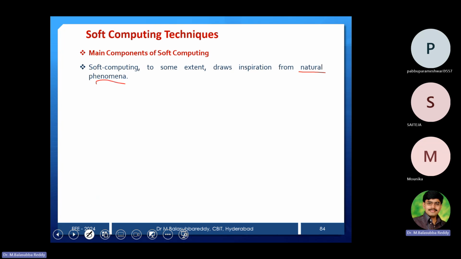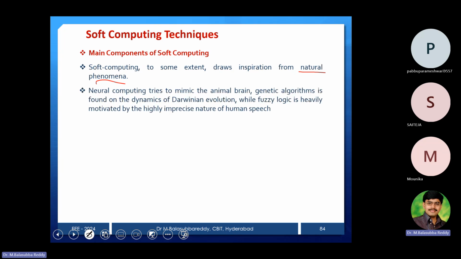All soft computing methods evolved by taking inspiration from natural phenomena. Neural computing tries to mimic the animal brain, and genetic algorithms are founded on the dynamics of evolution, while fuzzy logic is heavily motivated by the imprecise nature of human speech.